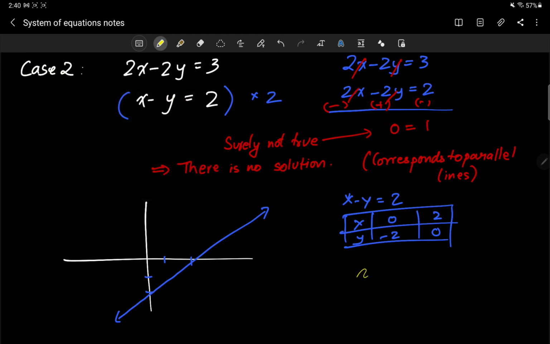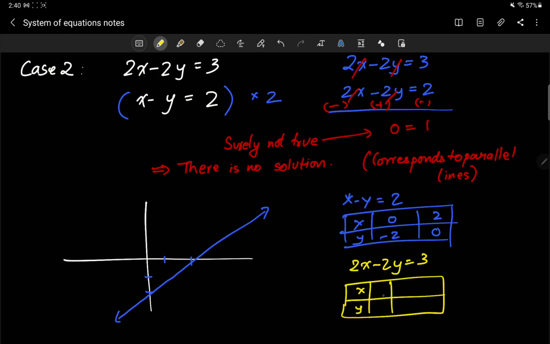And then let's say the other line is 2x minus 2y equals 3, and again I construct the table. Just need two values. When x is 0, y is negative 3 halves, and when y is 0, x is 3 halves.